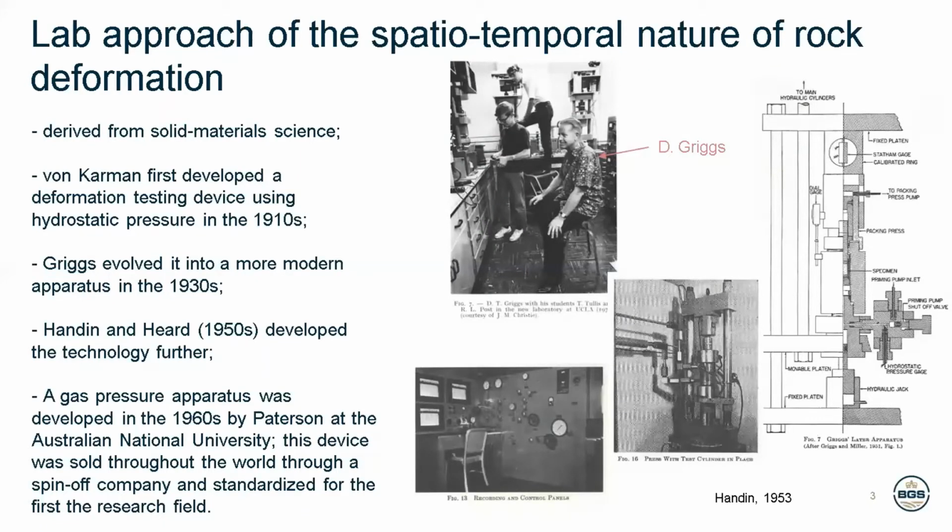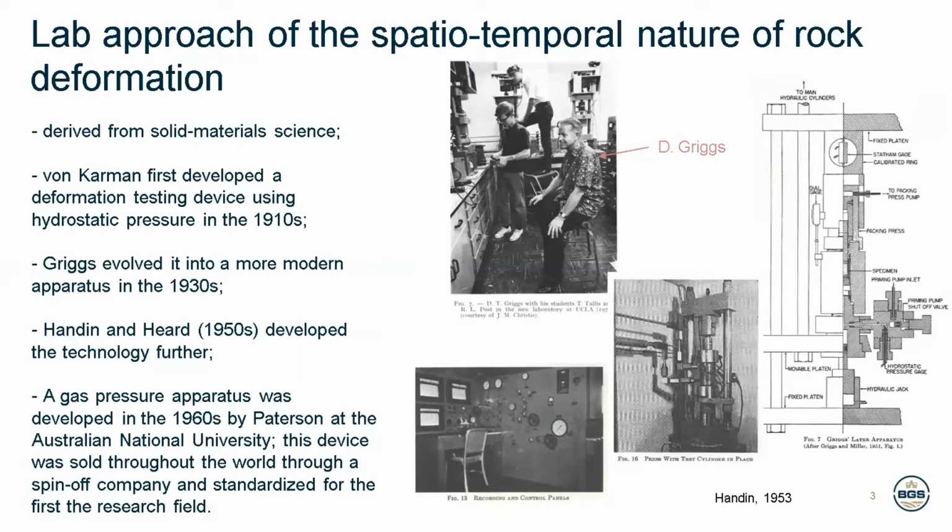So the way we approach it in the lab has been derived from solid material science first. It started quite early, in 1910, with von Karman, being the first recorded apparatus developed for rock deformation using hydrostatic pressure. And then it was picked up and improved by Griggs, Dave Griggs, who is a very famous name in our field.